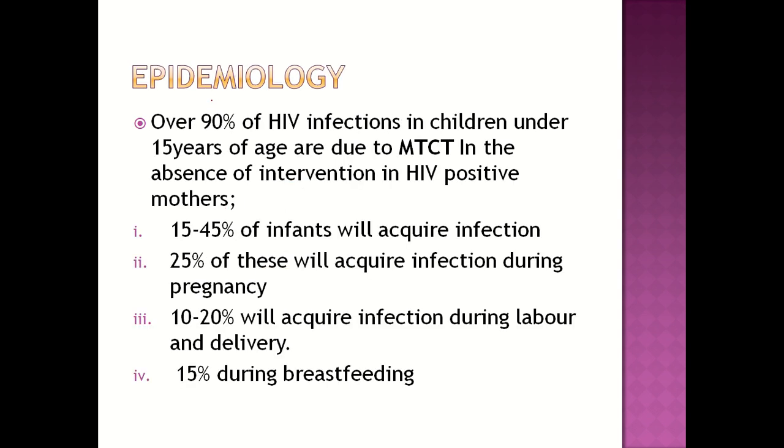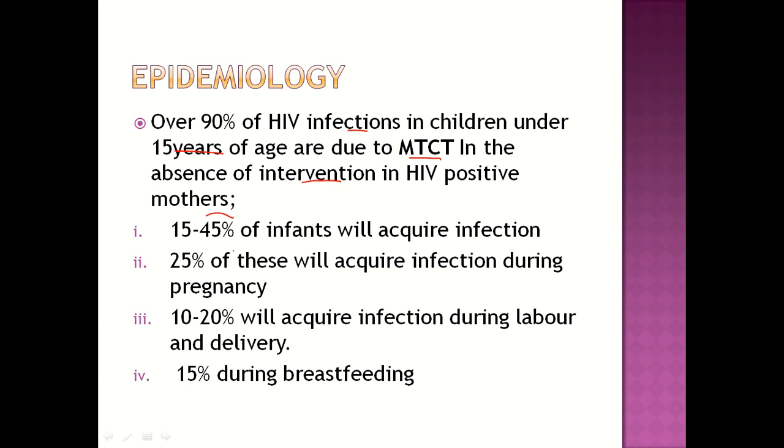So we'll be looking at the epidemiology. Over 90% of HIV infections in children under 15 years of age are due to mother-to-child transmission in the absence of intervention in HIV-positive mothers.